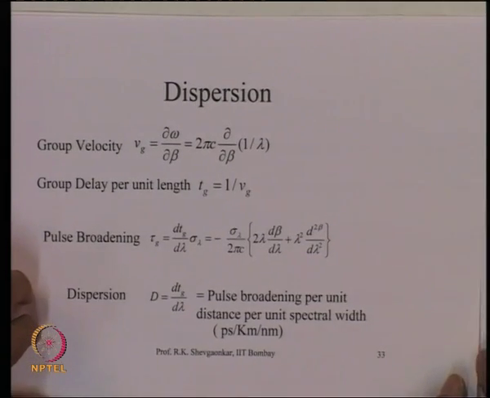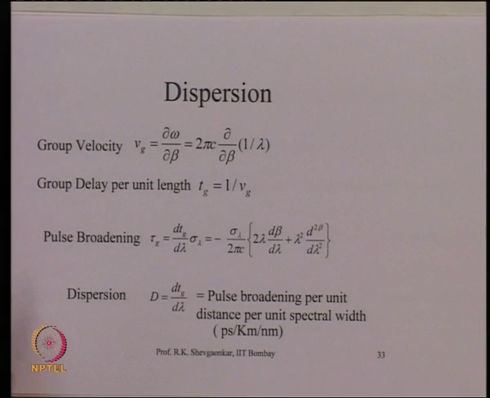With this basic formulation, we can now go and try to quantitatively find out the dispersion coming because of different components, because of intrinsic medium properties and because of the modal properties on the optical fiber.